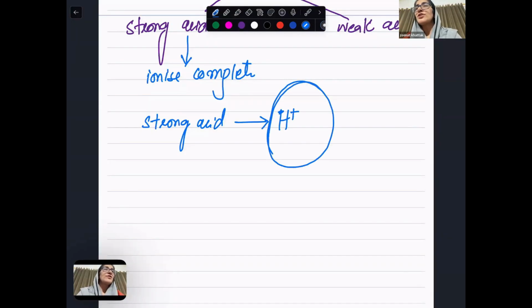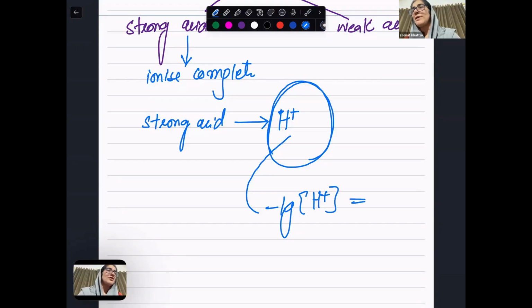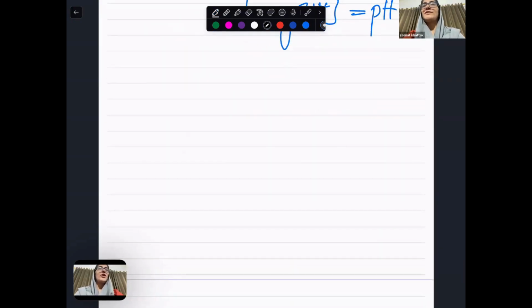If I know the concentration of H plus, I can take the negative log of that H plus, and it becomes pH. For example, I have HCl, I have HNO3, I have H2SO4.